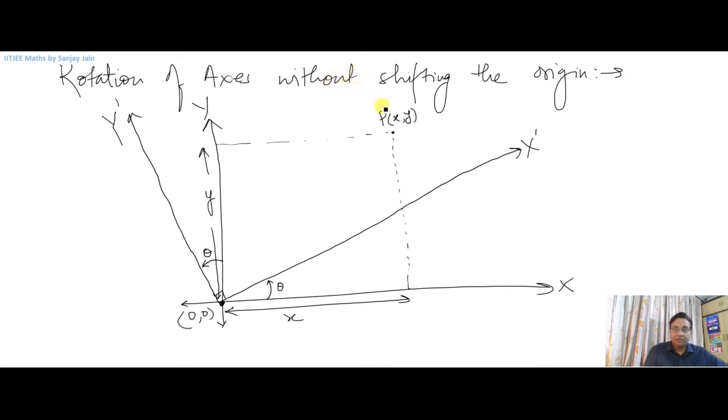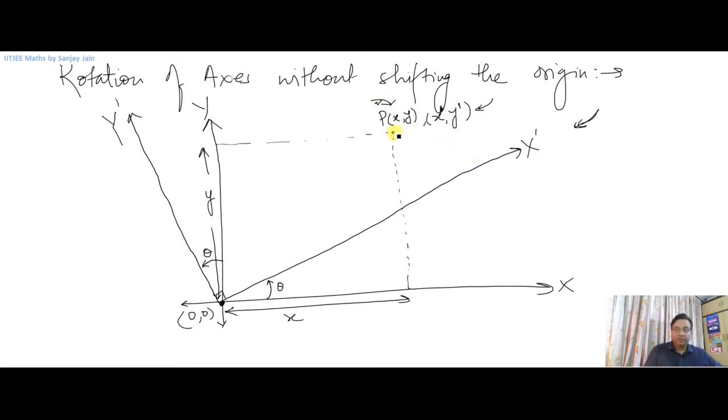Okay, so now think about this point P in terms of these new axes. Let us say the new coordinates of this point in this rotated coordinate system are x dash comma y dash. So let us see how this x dash y dash is related with this xy.